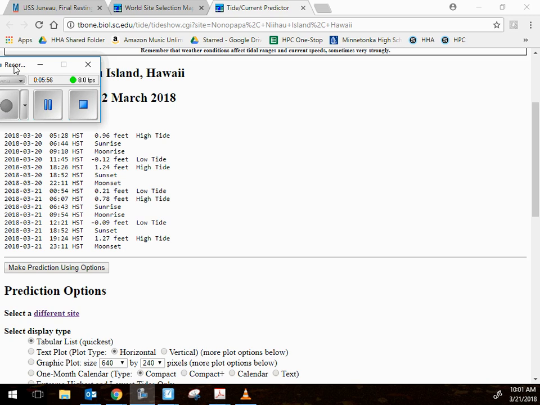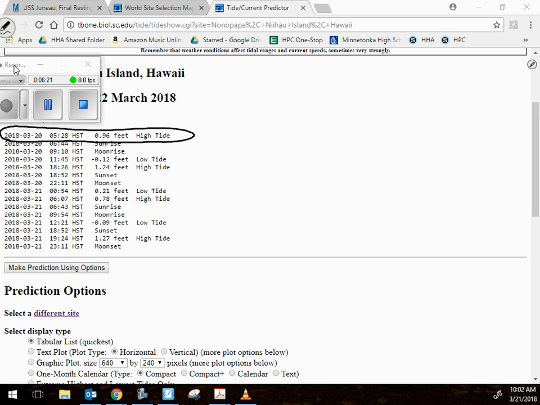All right, so here we have sunrise, moonrise. Those are not things that I need you to record. But it looks like my first high tide here happened at 5:28 HST. It's probably Hawaii Standard Time, I'm just guessing.